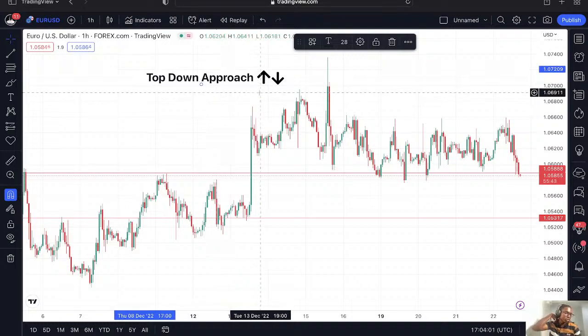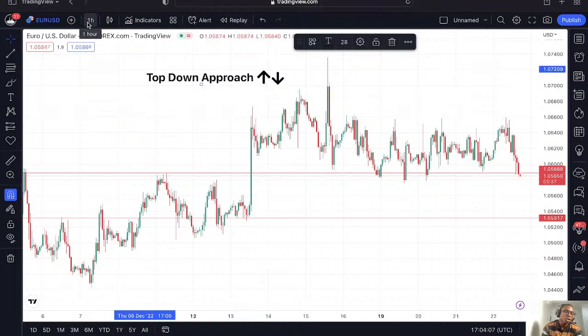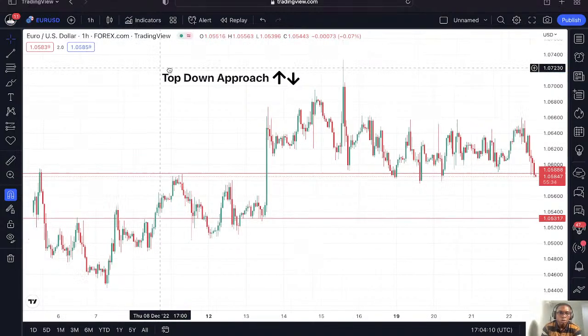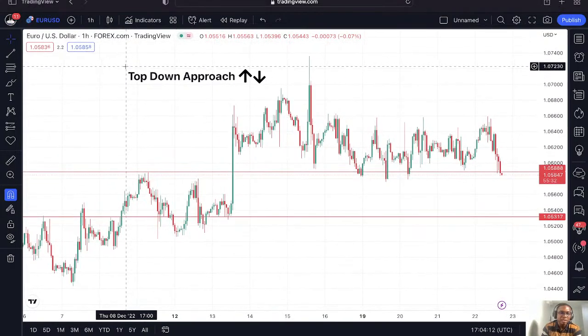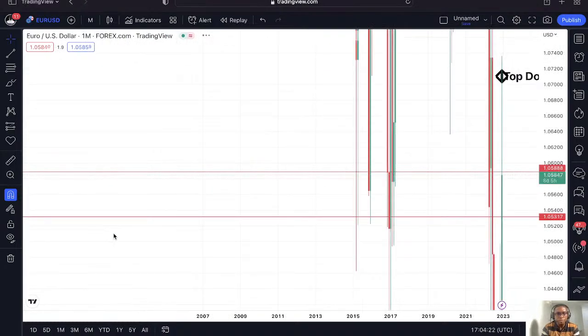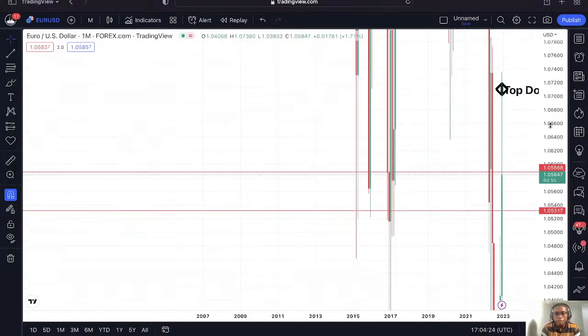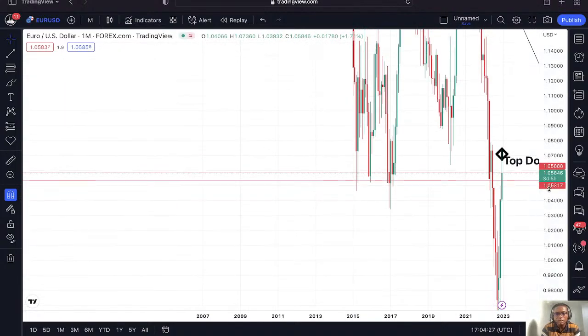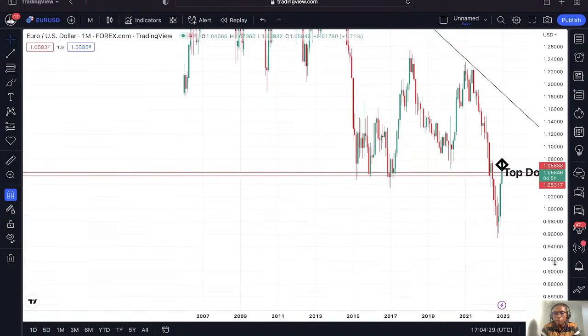We'll be using a top-down approach, market analysis. With the top-down approach, we have to start from the higher time frame, and that means we will be going down from the monthly time frame. I'm starting with the monthly time frame.